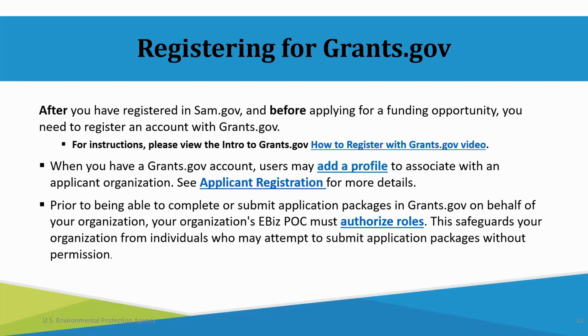You will delegate roles to other users in your organization. You will set up a workspace. The workspace in grants.gov is where you complete and submit applications for funding opportunities. So once again, you want to go to sam.gov, get a UEI, register in sam.gov, register in grants.gov, and then you're ready to apply for funding opportunities.